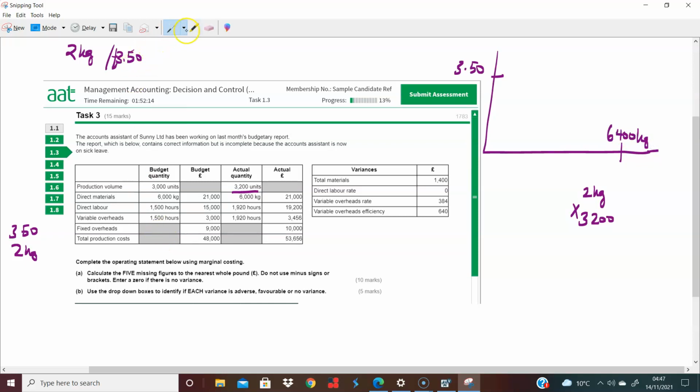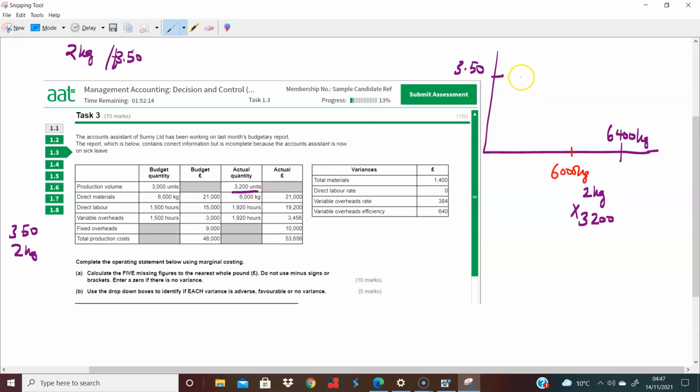I'm going to change my pen color. What actually happens here is that, according to the question, you actually use 6,000 kilograms. Interesting. And you actually spend £3.50.